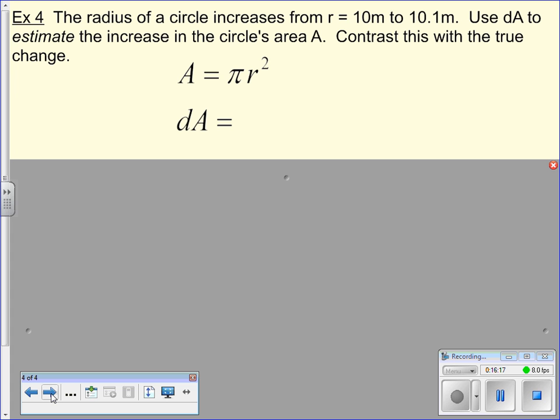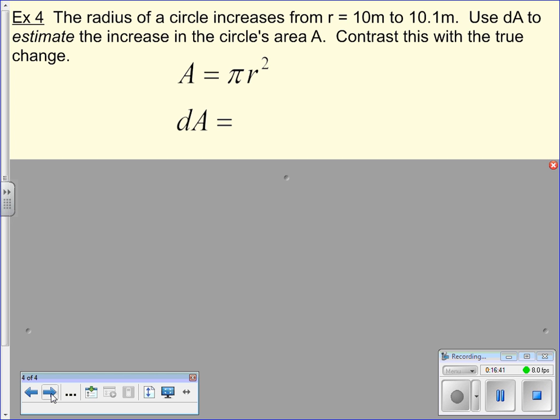Okay. No, dA stands for, what does A stand for? A is for the area, right? So dA is the change in area. So what we're trying to do, we're trying to find the change in area. dA says, what's your change in area? What is the change in area in relationship to the change in radius?